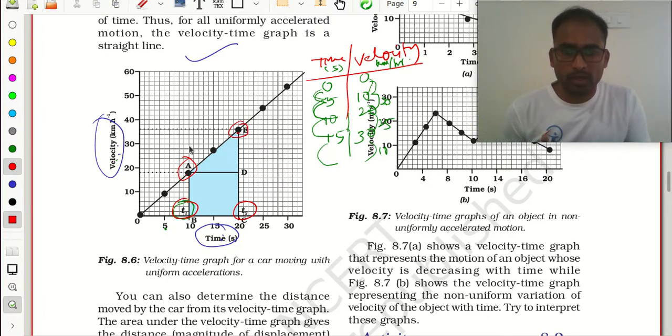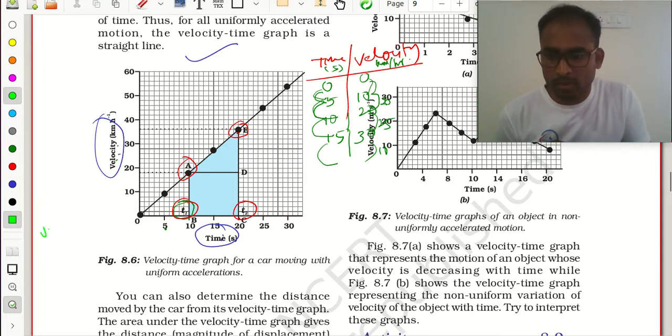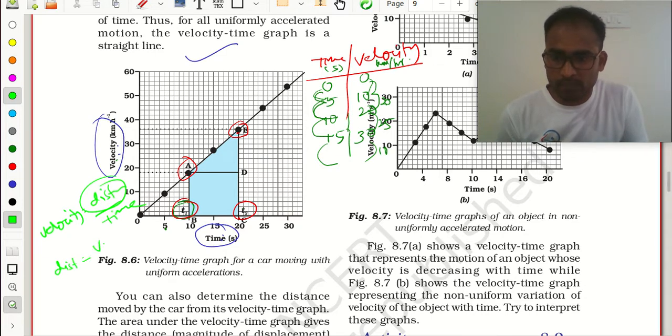Clear now? Now this is my area of reference. If I calculate this area, like in the previous example where we calculated the area of a rectangle, same here: velocity is equal to distance by time. Here I need to calculate the distance. Distance is equal to velocity into time.